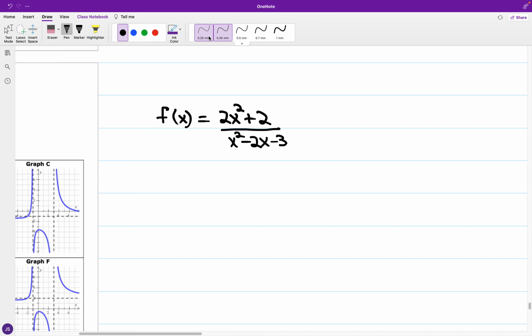And this ratio will also be in simplest form, but I'm just going to go ahead and factor x squared minus 2x minus 3. So with our factors, we have x plus 1 and x minus 3.